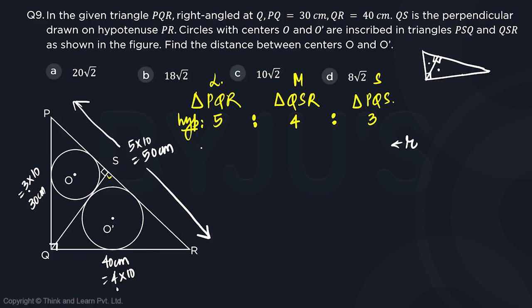So let's find out what is the in radius of the largest triangle if it was 50. So I hope you know how to calculate in radius. The in radius formula is given as altitude plus base minus hypotenuse whole divided by 2. So if I look at the largest triangle, the in radius is going to be altitude plus base minus hypotenuse whole divided by 2. 70 minus 50 is 20. 20 by 2 is 10.